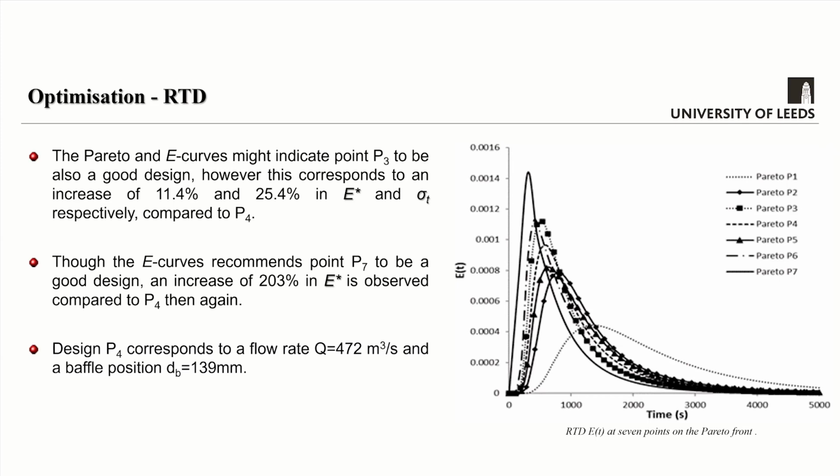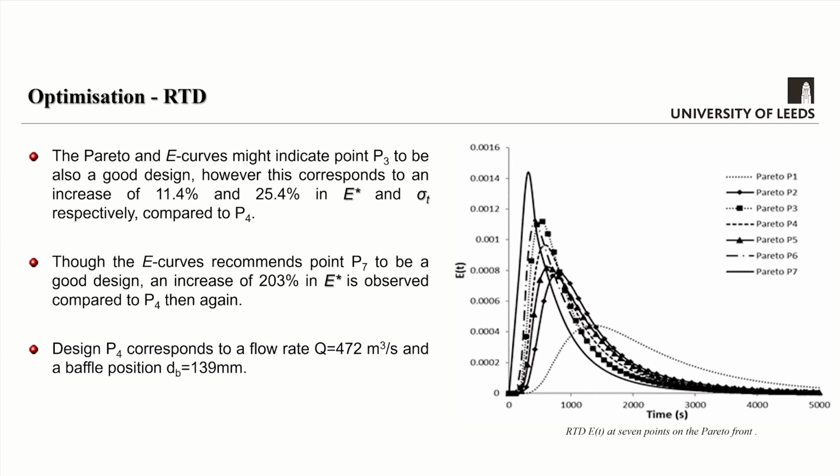To be a good design, it needs an increase of over 200% in terms of energy losses compared to point number 4. When you design a system, obviously you want to use as little energy as possible. So I would say that number 7 is actually inappropriate. So it seems that 0.4, in my opinion, is the best design.